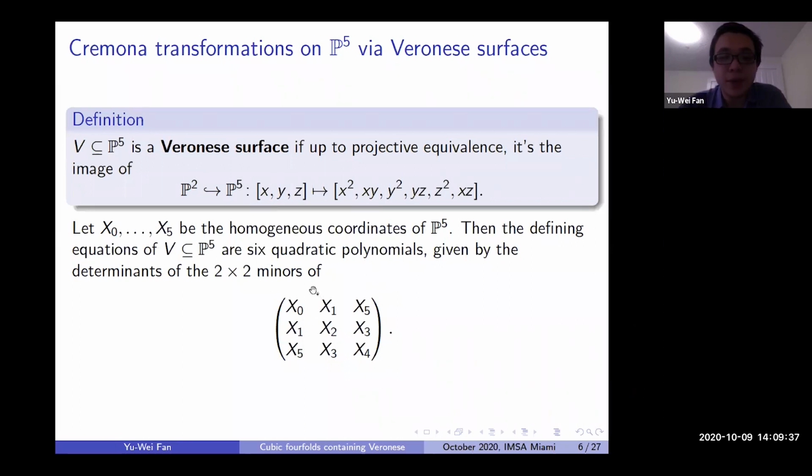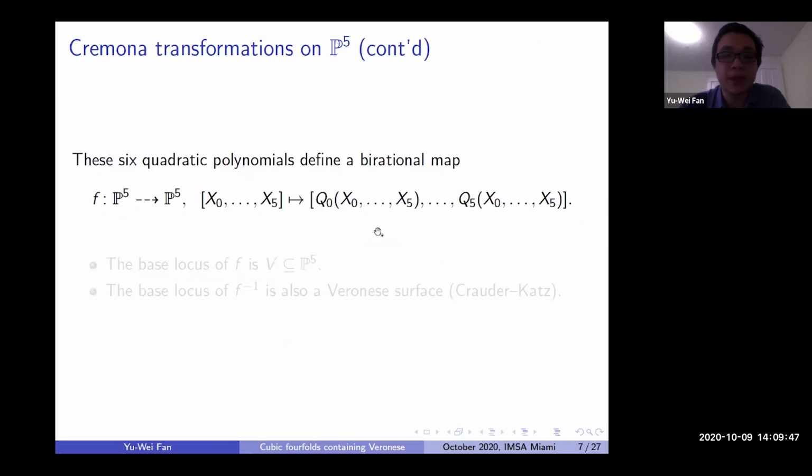We can use these quadratic polynomials to define a birational map from P5 to P5. These are the defining polynomials of the Veronese surface. By definition, the base locus is going to be the Veronese, because that's the common zero locus of these polynomials.